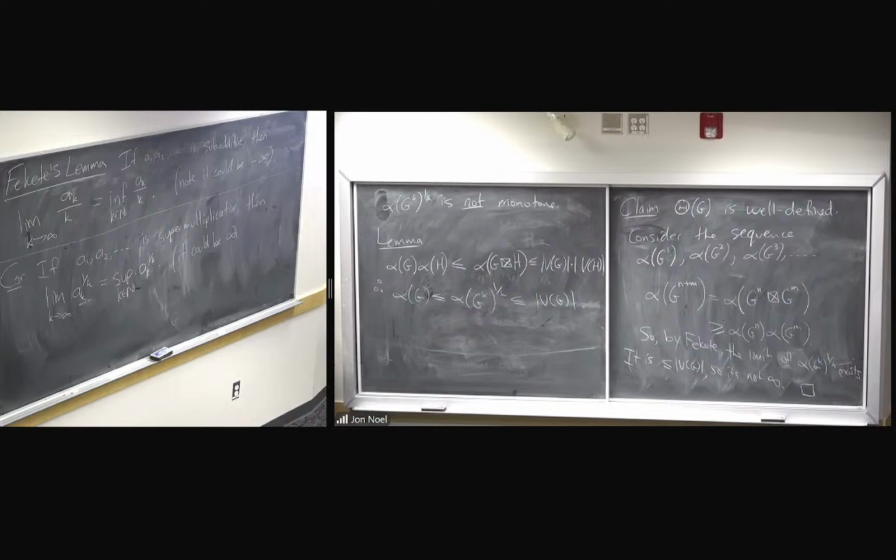Suppose I give you a graph and I say, please run an algorithm to determine the Shannon capacity of that graph. Actually, it's an unsolved problem to determine whether there even exists an algorithm that runs in finite time for every graph.